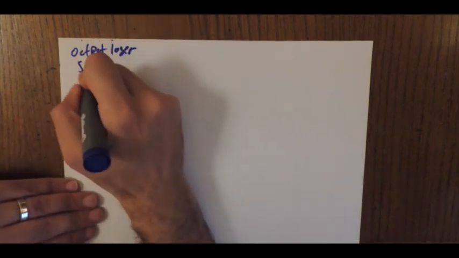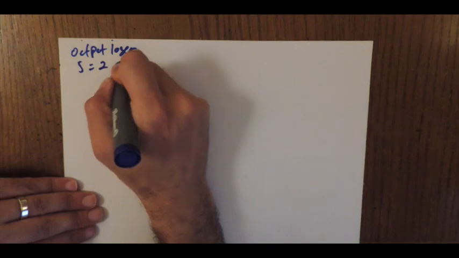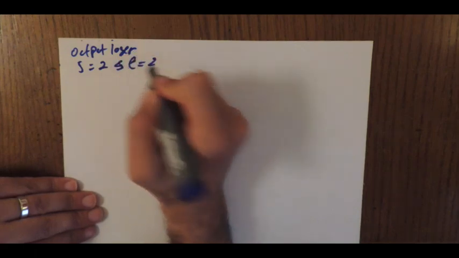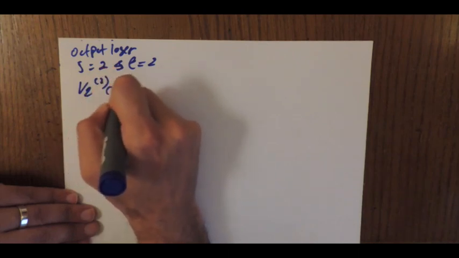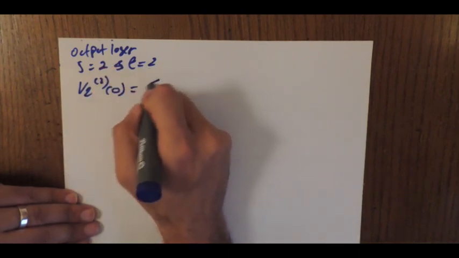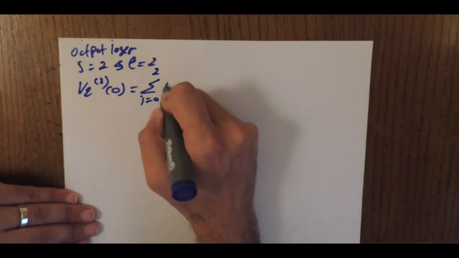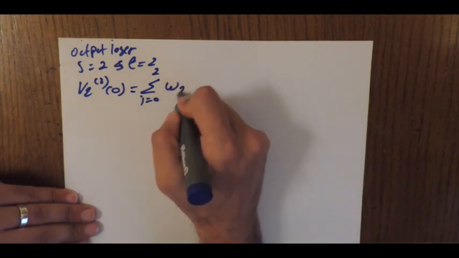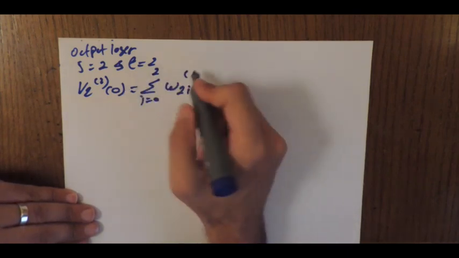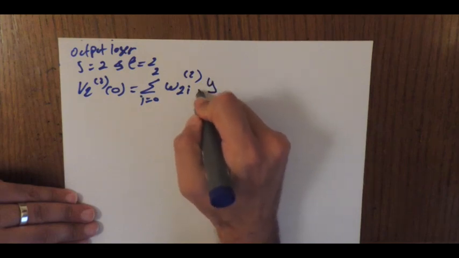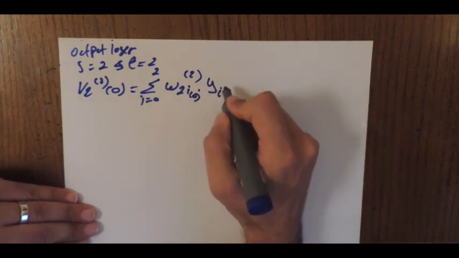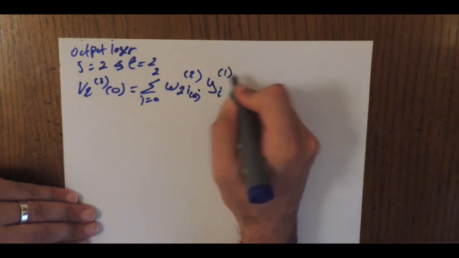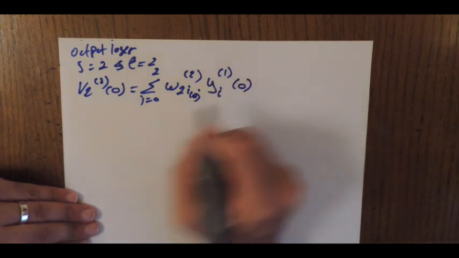We have j equal to, and L of course is equal to the output layer, and we have now the second induced field of the first epoch, which is equal to the summation for i equals 0 to 2 of W2i of 2 times epoch 0 times yi of 1, the layer just before it, of epoch 0.